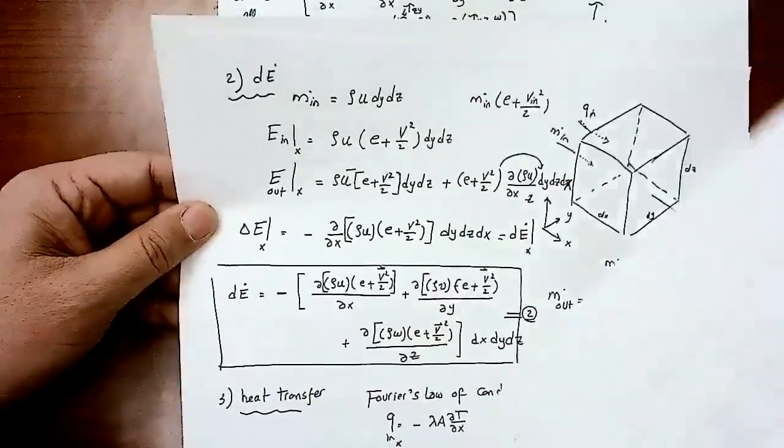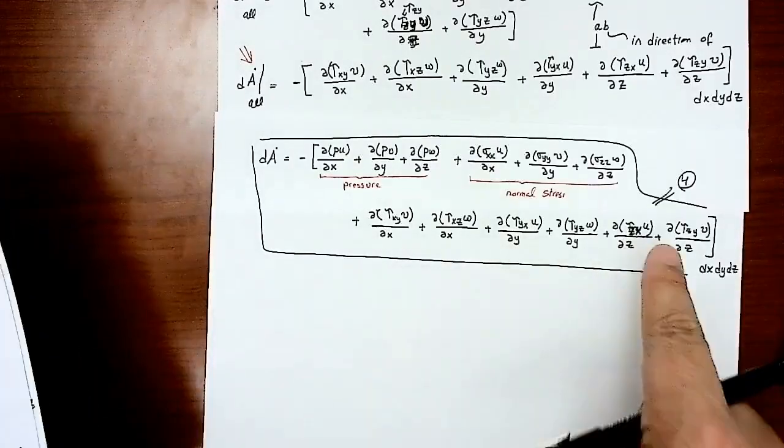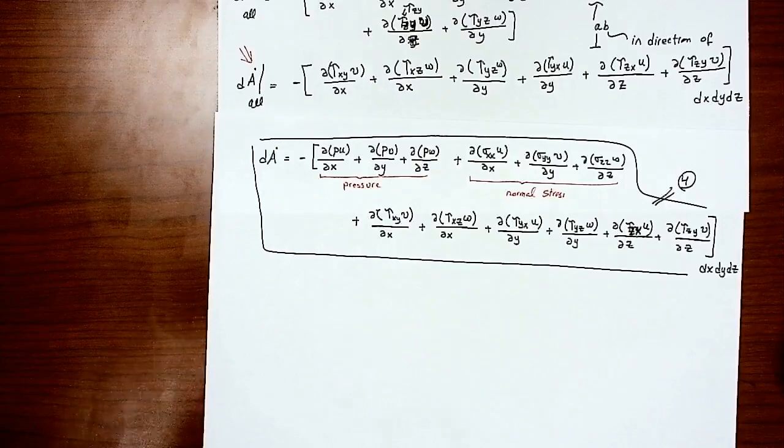Number 3 was for the heat transfer, and number 4 now for the surface force. And simply body force will be the gravity, right? So, and usually would be neglected.